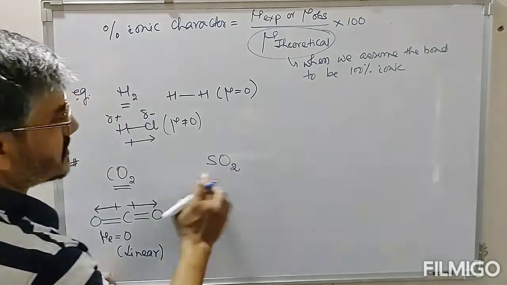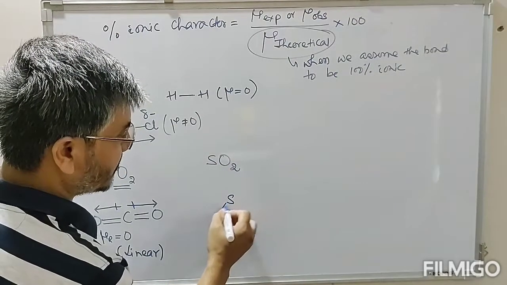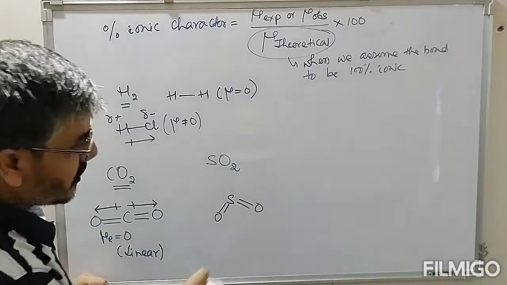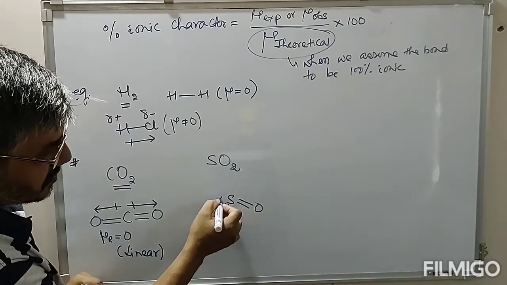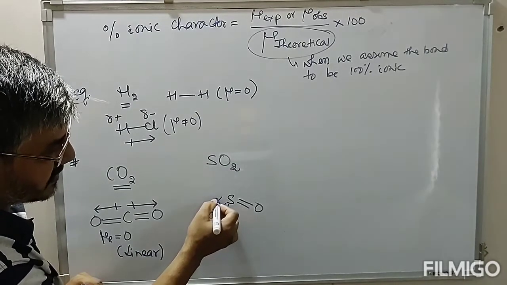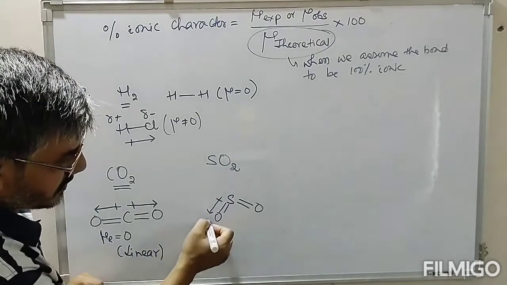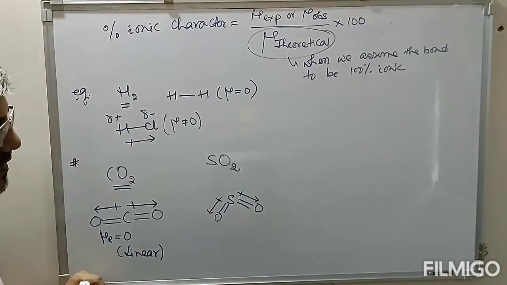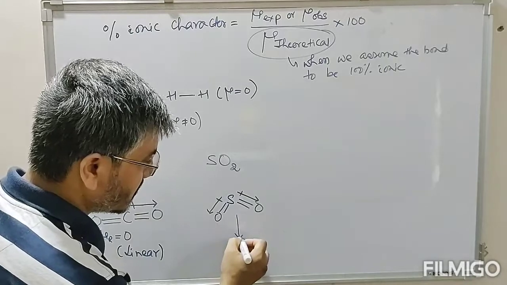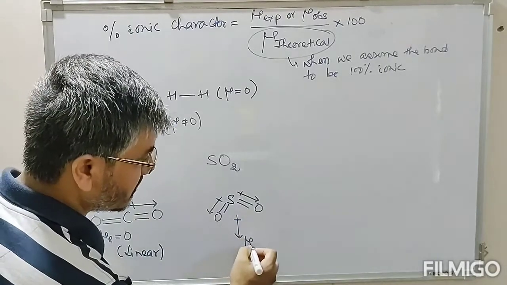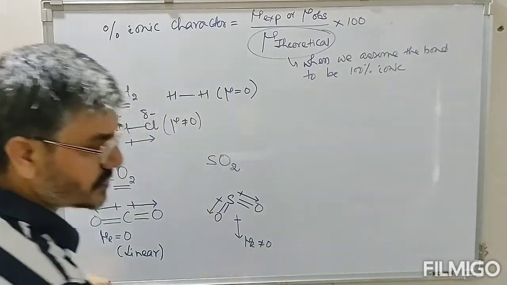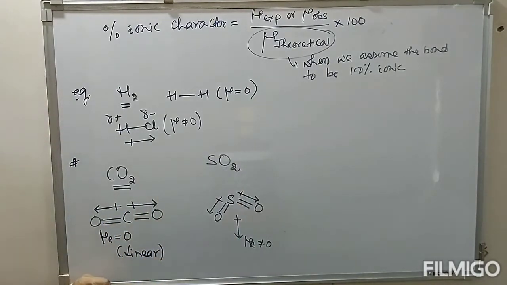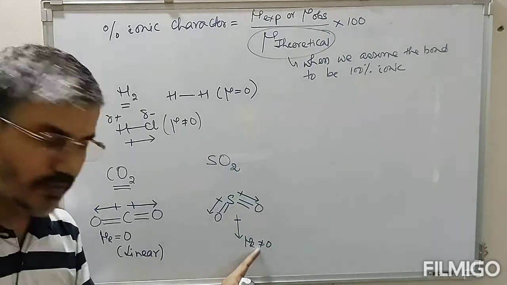Now take the other case, sulfur dioxide, SO2. Sulfur-oxygen: oxygen is more electronegative than sulfur. So we have one individual bond moment and a second bond moment, so we have two dipoles. This is the resultant, and this resultant is not equal to 0. So in the sulfur dioxide molecule there is a net dipole moment.